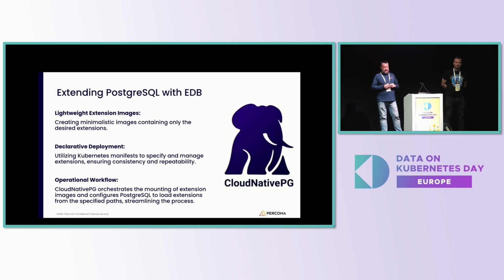And so what does the workflow look like? Well, the CloudNativePG operator will do the mounting of the extension images for us, and will configure PostgreSQL to load those extensions from the specific paths, streamlining the process a lot, for sure.